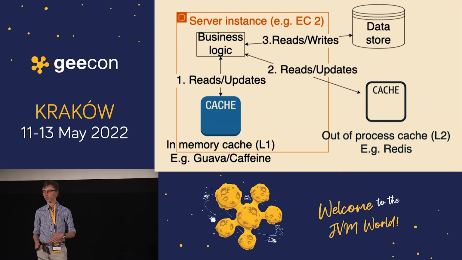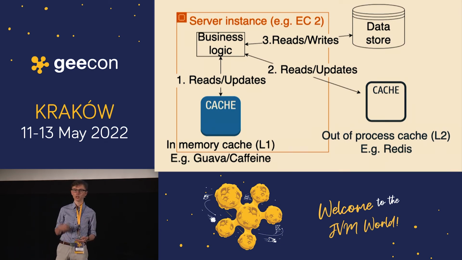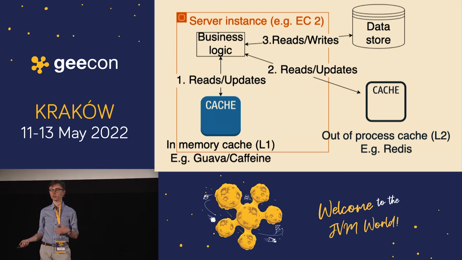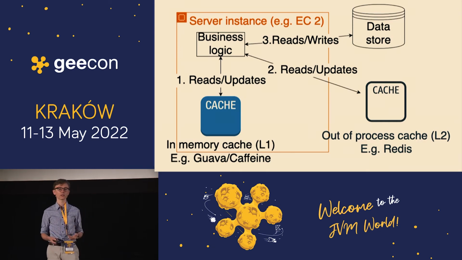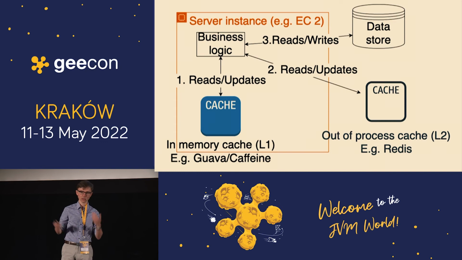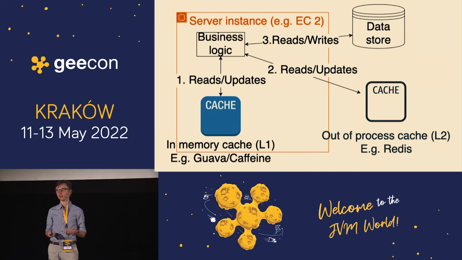And the flow is, if it's in L1 cache, return it. If not, if it's in L2 cache, return it. If not, go to the data store, update the caches. Obviously, it's a simplification, and there are a lot of fine details that you need to think about. But it's a general evolution that I've seen a couple of times with services.